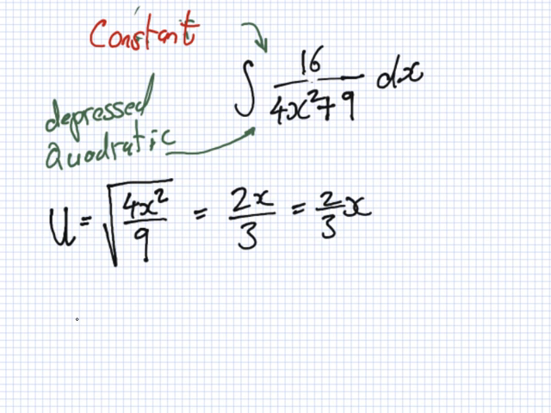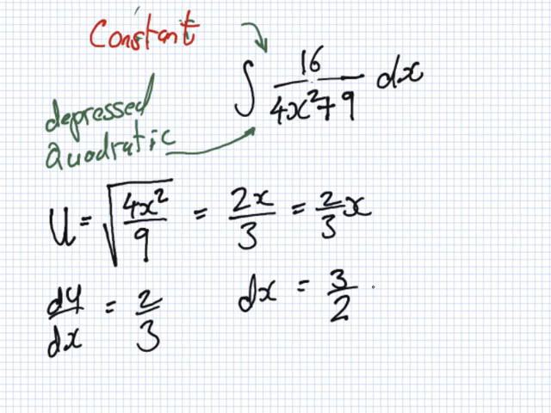If you use that substitution, what do you get? You get du/dx equals 2 over 3. So then dx would equal 3 over 2 du. And also, I know it might be useful later, I'll also say that x equals 3 over 2 u. Okay, so let's see what I get.